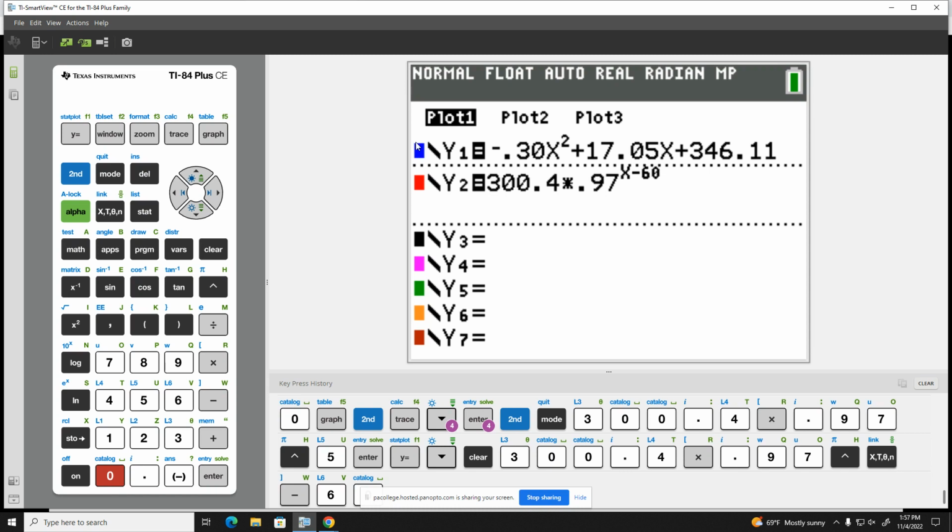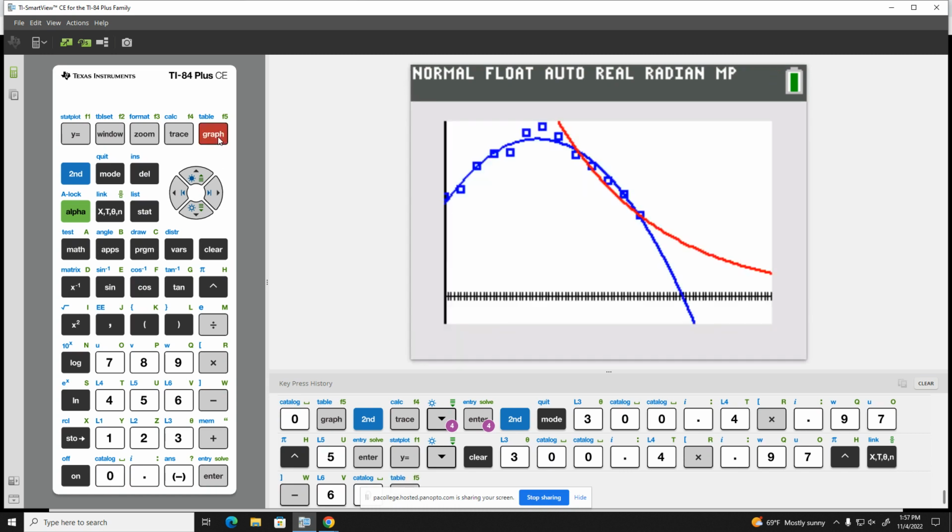So our original graph is blue, our new one is red, and we'll take a look at this combination. And so when we look at our new graph, this last data point, both graphs seem to go through that data point. And then the new graph, the red one, shows that the decline in cigarettes continues to decline, but not as fast. So it is decreasing at a decreasing rate, starting to level off.